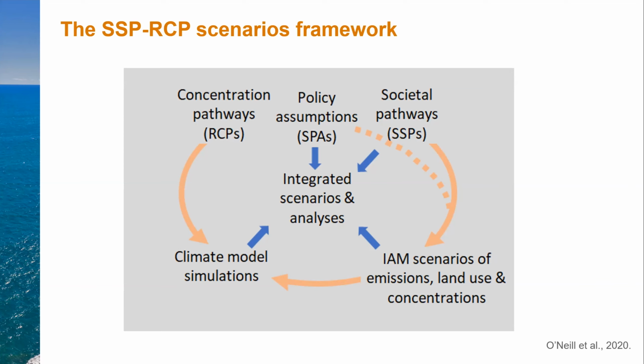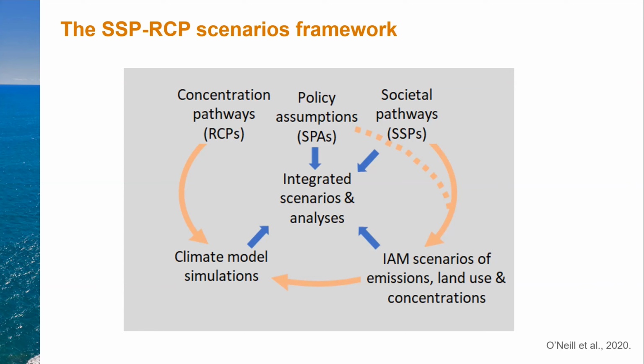Now, those things that get pulled together are the SSPs and RCPs, as we just talked about. SSPs, as I mentioned, are a set of alternative visions of how society globally in large world regions may evolve in the coming decades.